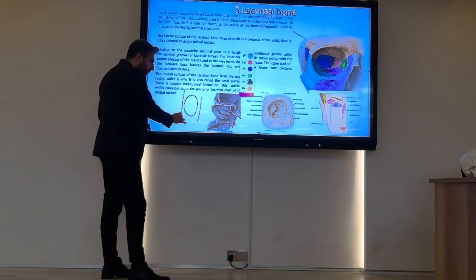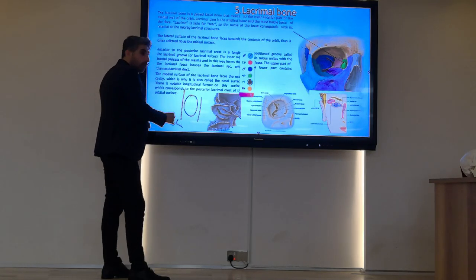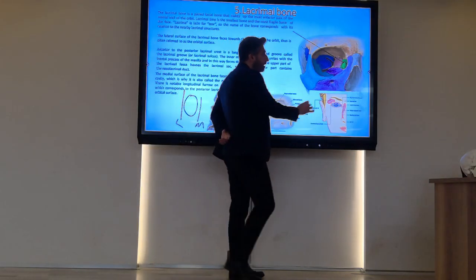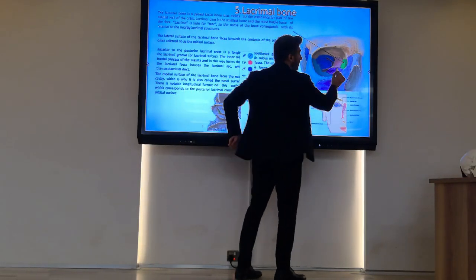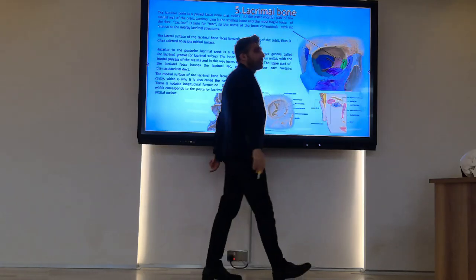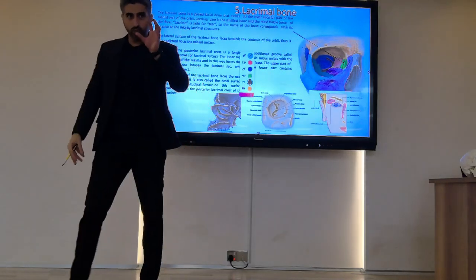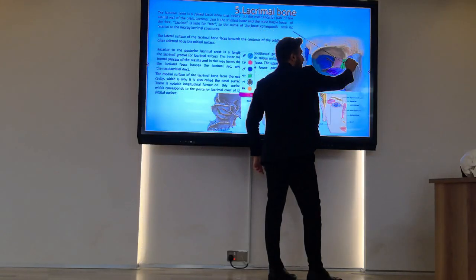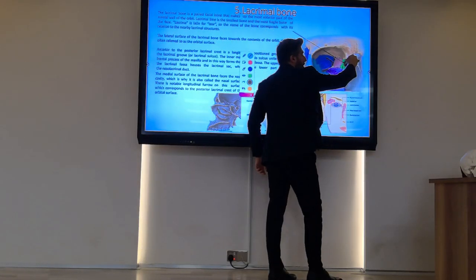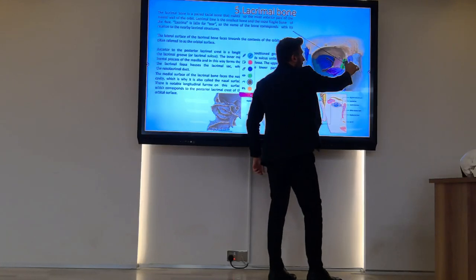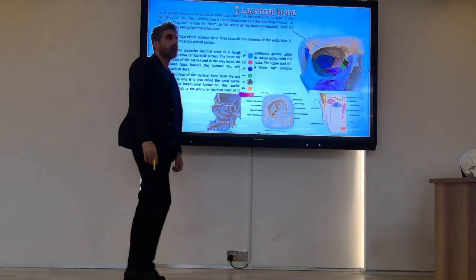The posterior crest is in the lacrimal bone, but the anterior crest is located in the maxillary bone. The lacrimal fossa is here, and the lacrimal sac is here. So this is the lacrimal fossa for the lacrimal sac, the posterior lacrimal crest in the lacrimal bone, and the anterior lacrimal crest in the maxillary bone.